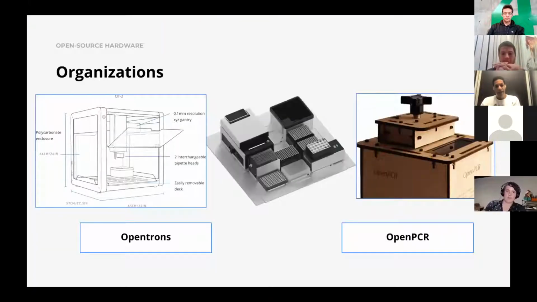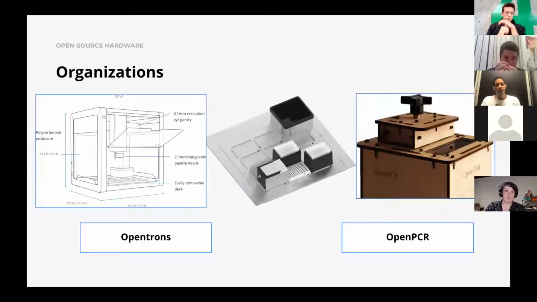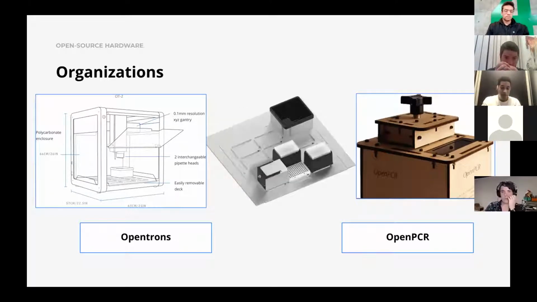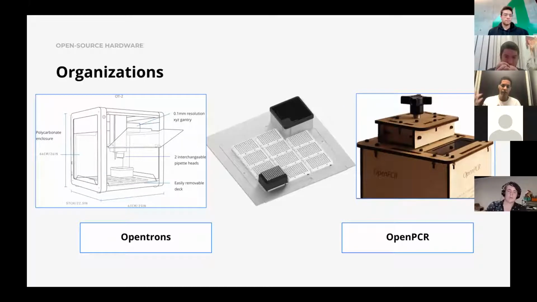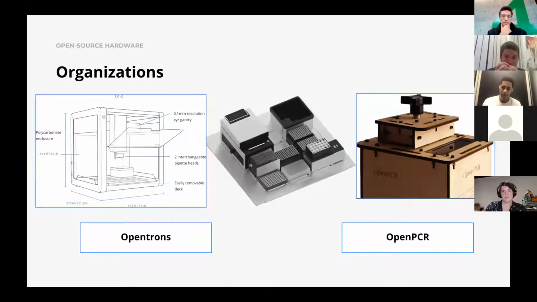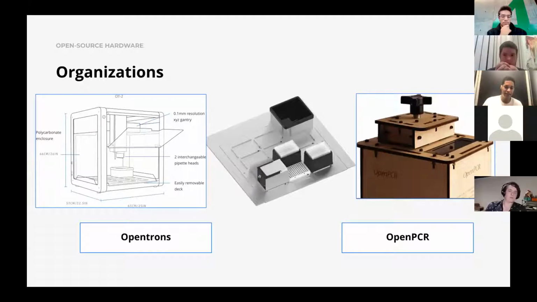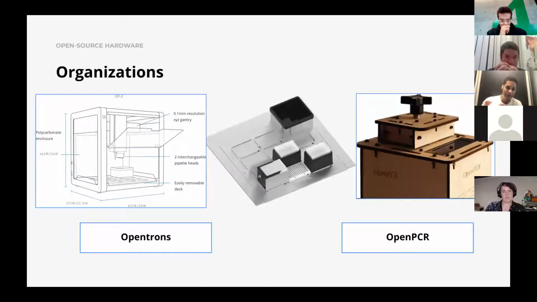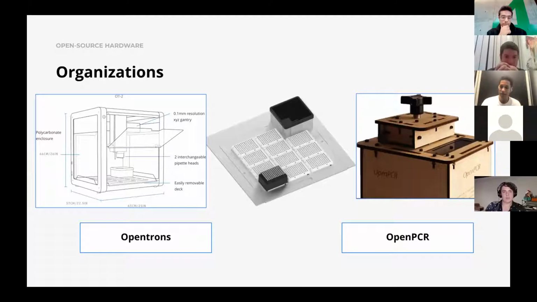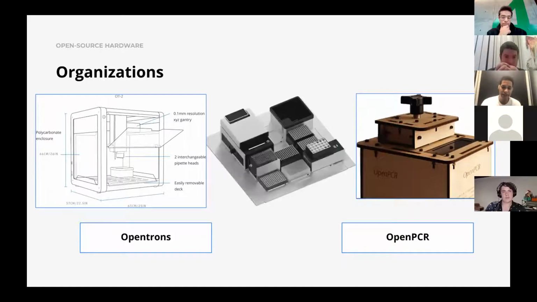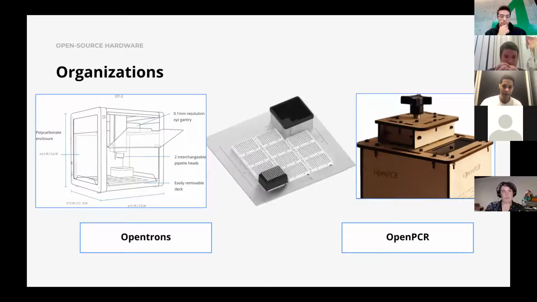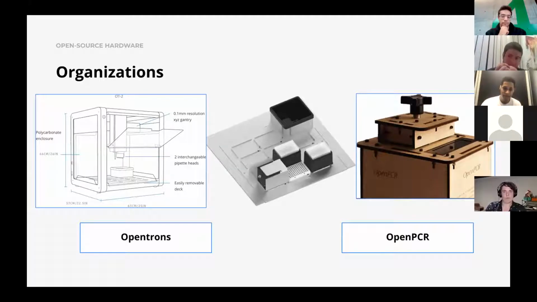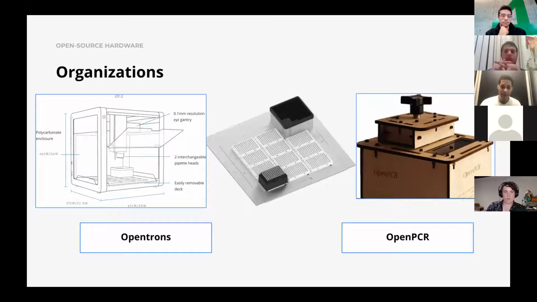So now, thinking about open source hardware, there are a couple organizations that are producing and actually selling open source hardware. So obviously Opentrons, I have an image of our robot and a deck layout there that's kind of transforming. And for those unfamiliar, the Opentrons is an automated liquid handler. It's an automated pipetting system. So you're able to transfer microliters of liquids around.